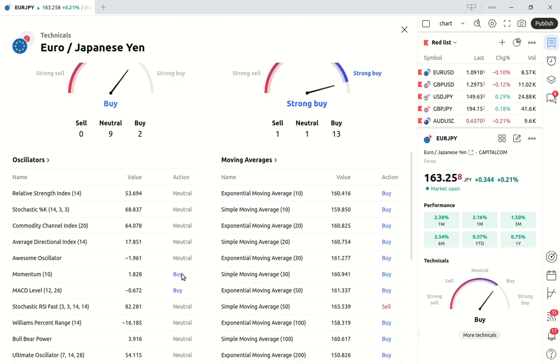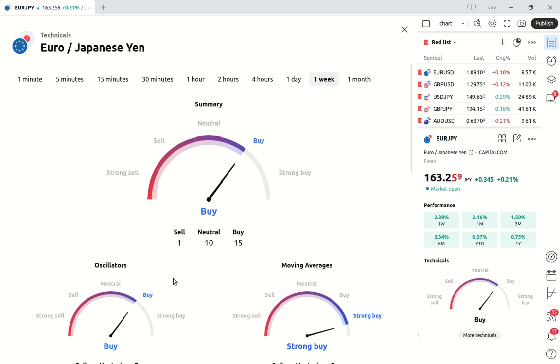As long as the momentum has a sell signal there, that's your entry. But the moment the momentum loses the sell signal, then you have lost the buy signal there.